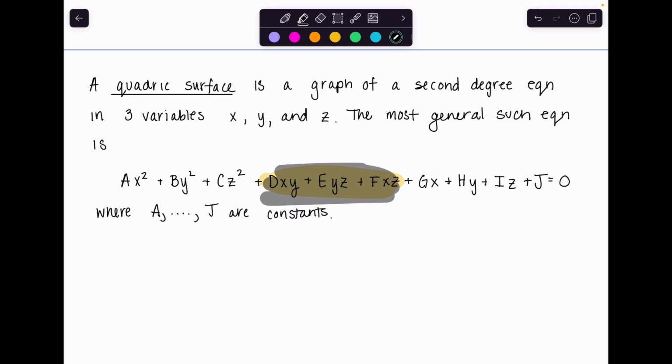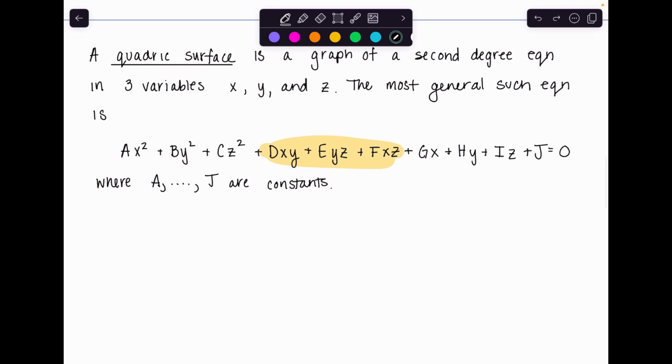We're honestly just going to ignore that because it would make life way too difficult. Instead, under translation and rotation, that's what these do. These translate it along the x, y, and z axis. Remember, it moves your center point for a circle or an ellipse or a hyperbola.